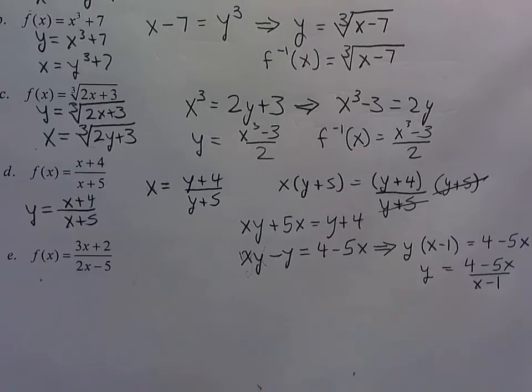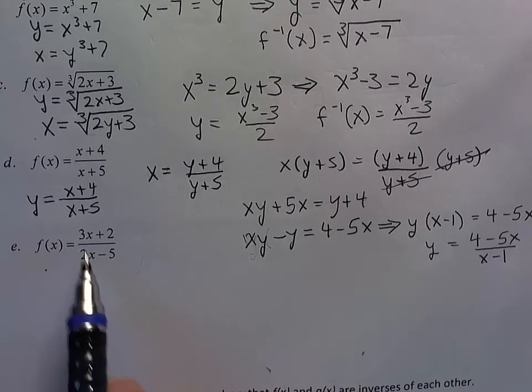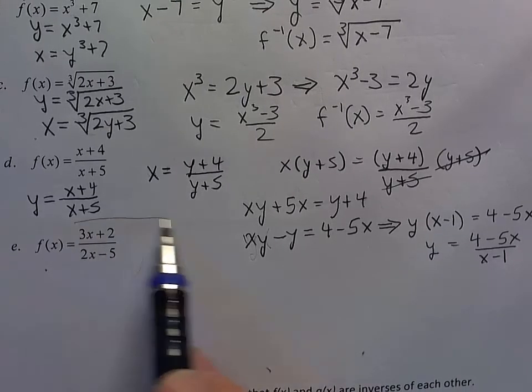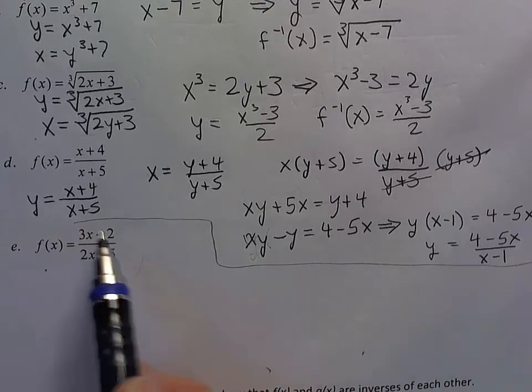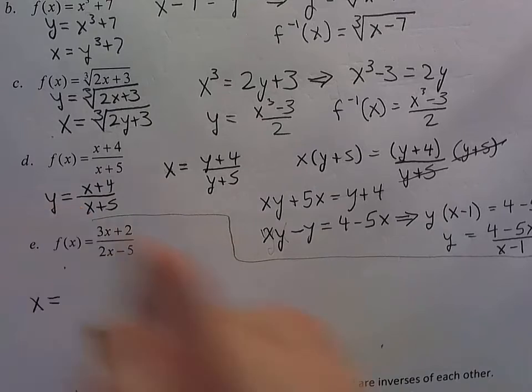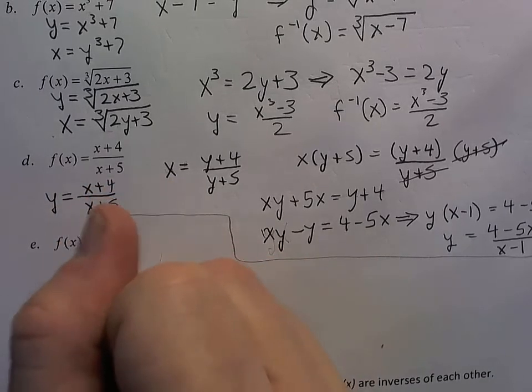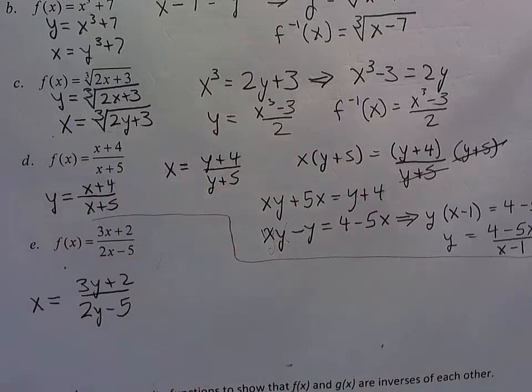So that's the process. Now, I put a little more complex one here because it just adds a level of complexity because we've got the coefficients here. But we would start off like this. We would say x equals 3y plus 2 over 2y minus 5.